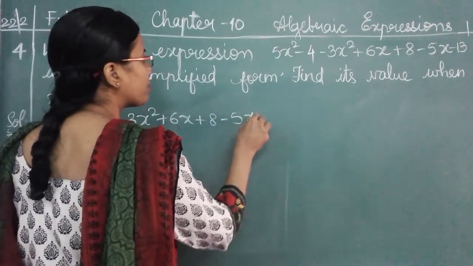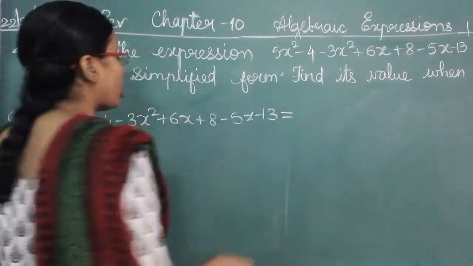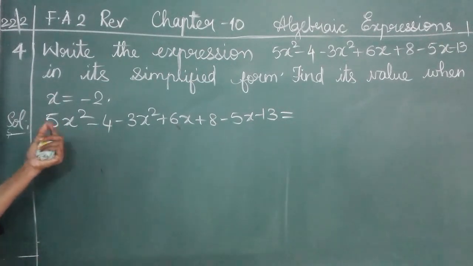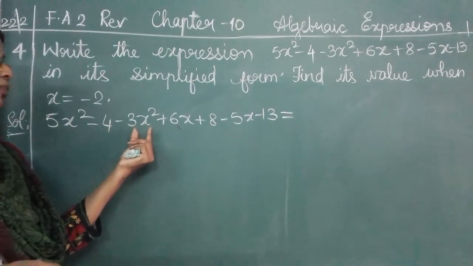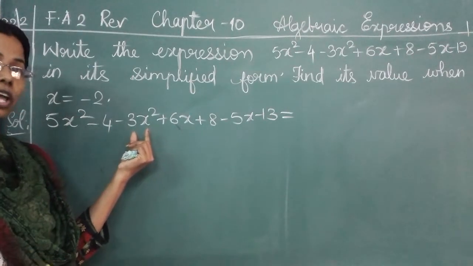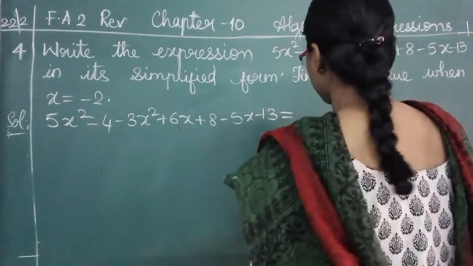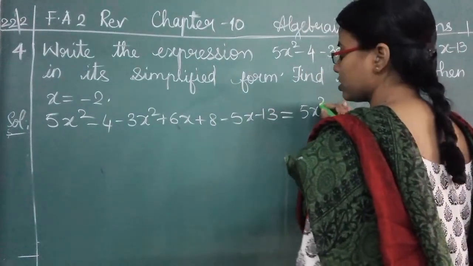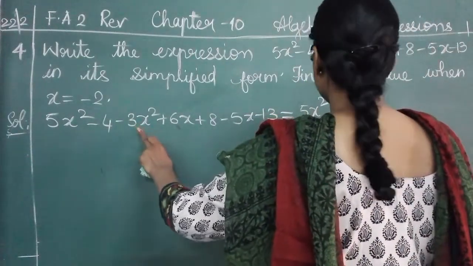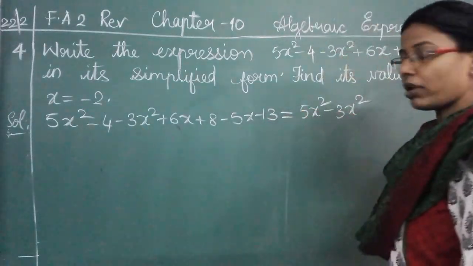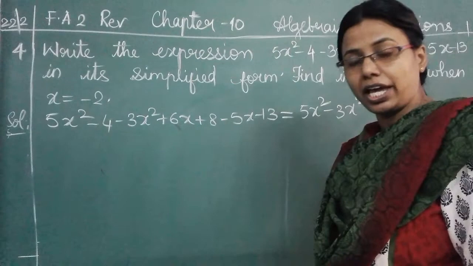minus 5x minus 13. Now what you are going to do is first select the terms which are having the same degree. We are going to write the terms which are having the same degree, that is 5x square, and one more x square term is there, that is 3x square. Now let us check with the variable x.